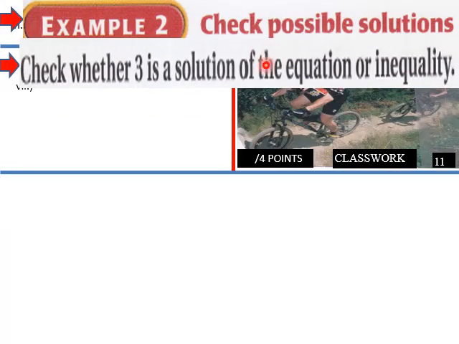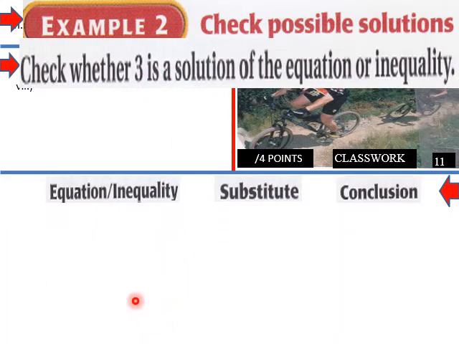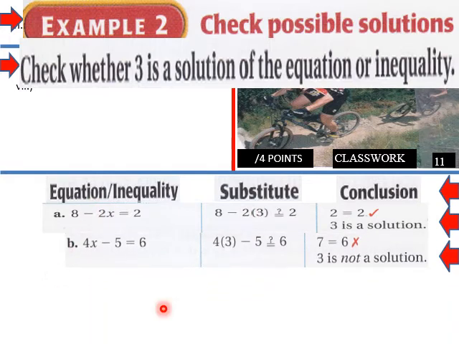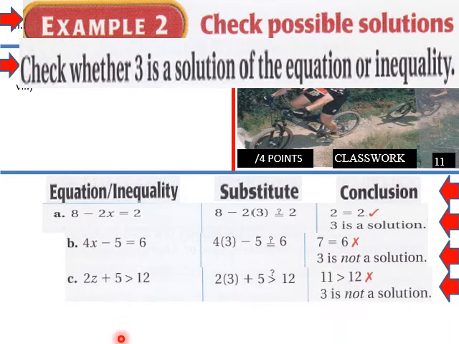Okay, so example 2, check possible solutions. Check whether 3 is the solution of the equation or inequality here. So in this case here, 8 minus 2x equals 2. We substitute in, yes, 3 is a solution there. And then here, 3 is not a solution because 7 does not equal 6 when you substitute in for that.